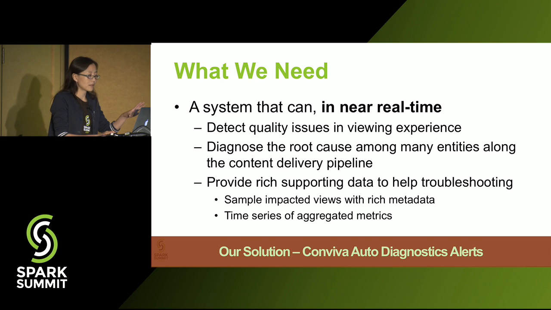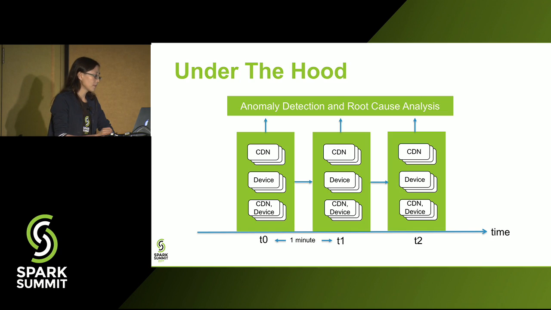So there are many asks, and at Conviva, we have built such a system. It's called the auto diagnosis alerts. This graph just gives you a very high-level idea about how the system works.